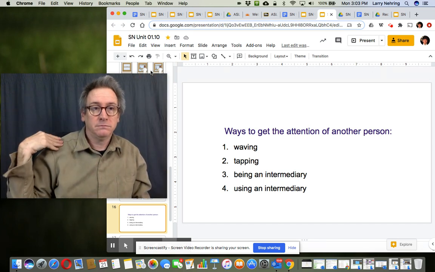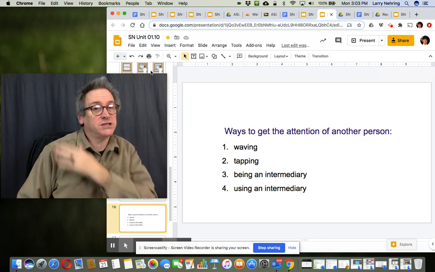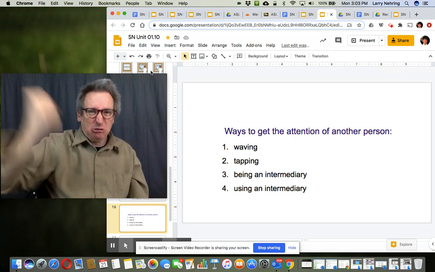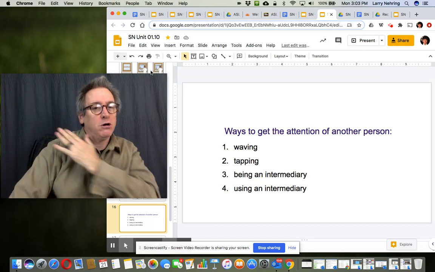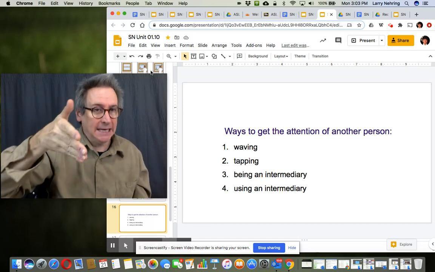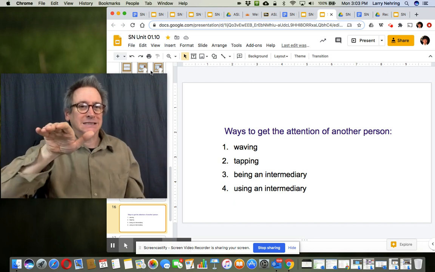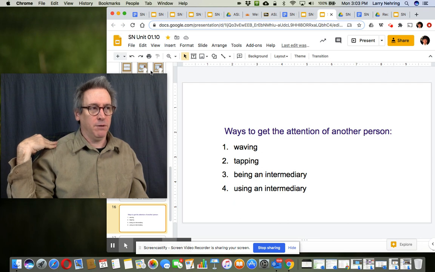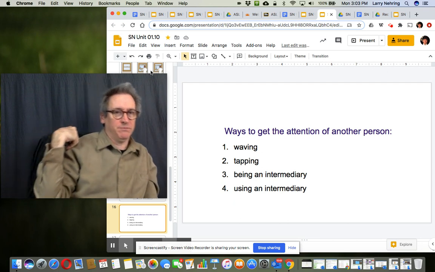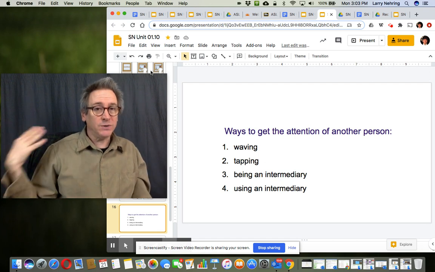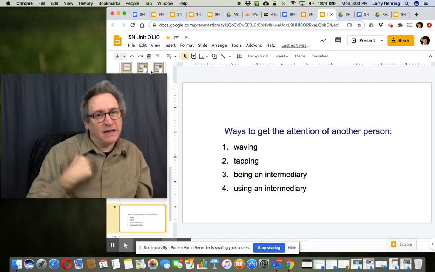Tap. Just a light tap. Don't get obnoxious. Tap. Or sometimes a press. If you want to interrupt, you would do that way they know that you're there. They know that you want something, but it's not something as simple as just gonna push them out of the way lightly. So a tap, and then they'll turn.